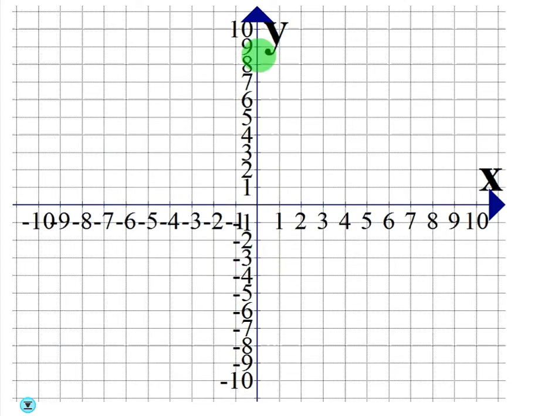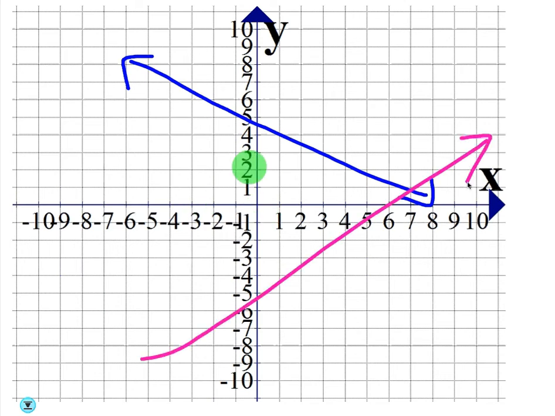So anytime a line crosses the y-axis, wherever it crosses right here, x is 0, no matter what. Even if the graph crosses down here, it's going to have a different y value, but still the x value is going to be 0.